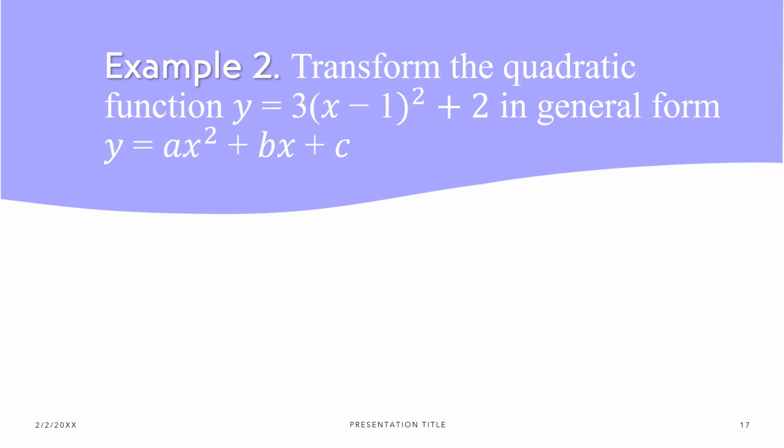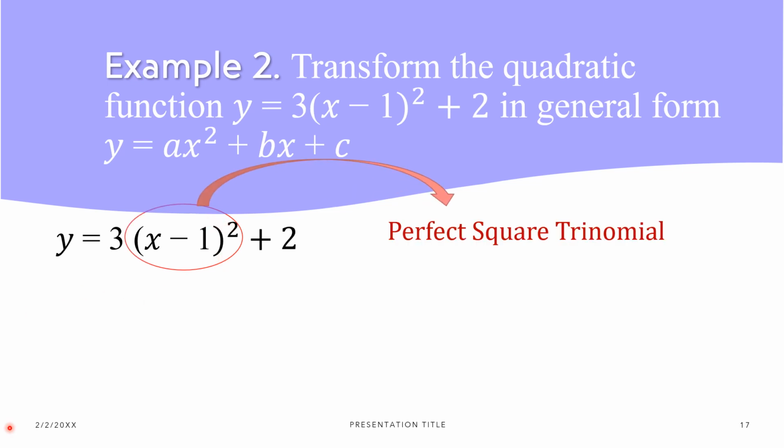Example number 2. Transform the quadratic function y is equal to 3 times the square of x minus 1 plus 2 in general form, y is equal to ax squared plus bx plus c. Again, express this square of binomial as a perfect square trinomial.